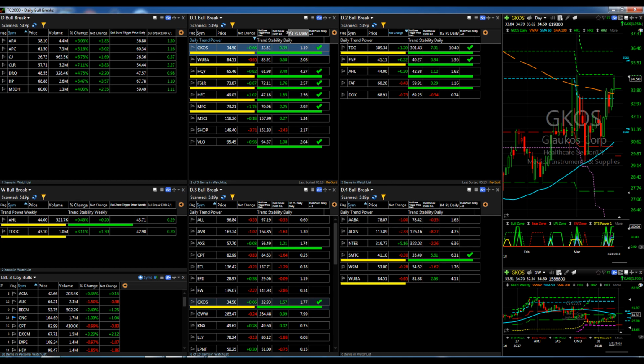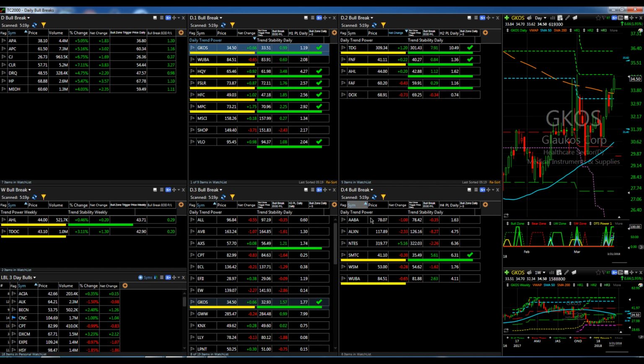The profit will be shown based on the current price of the stock in the day compared to the price on the alert. Like for instance on this stock, $3.48 profit from this break based on this close price, up 92 cents today. This number is the profit at the high since we alerted it. It's the most profitable it's been. It got up to $4.27 profit, pulled back, closed at $3.48.